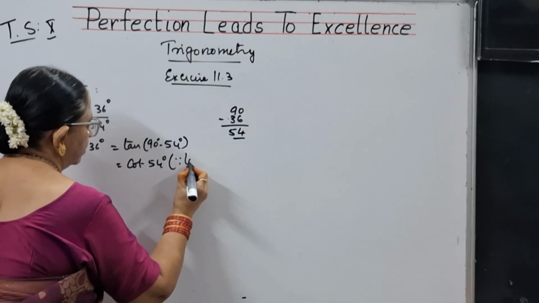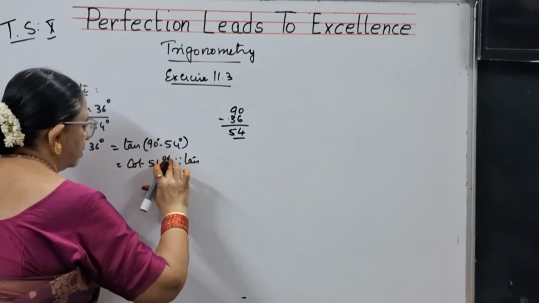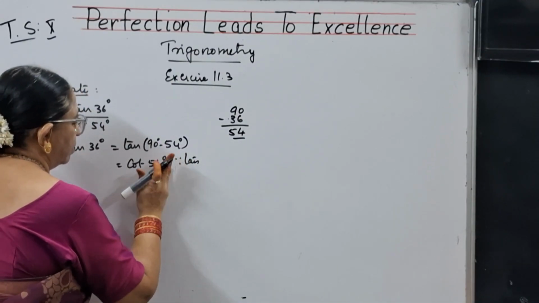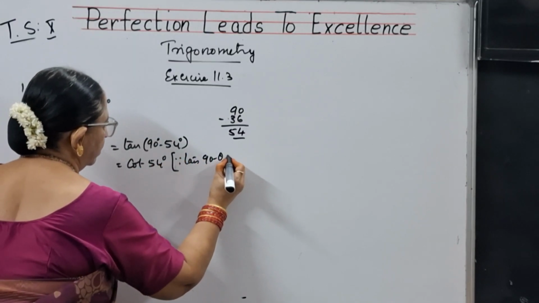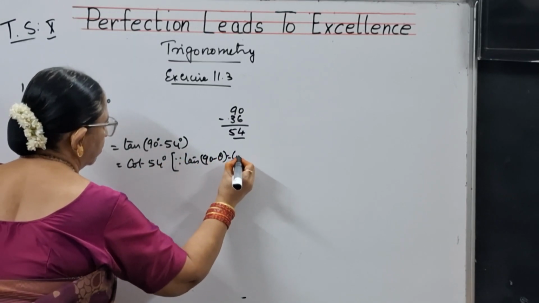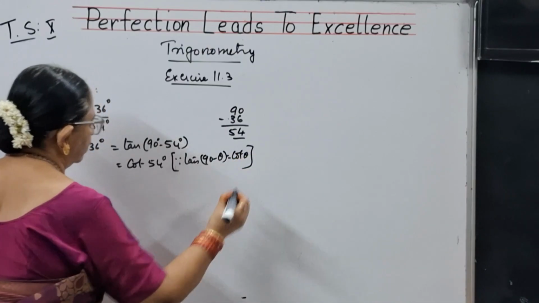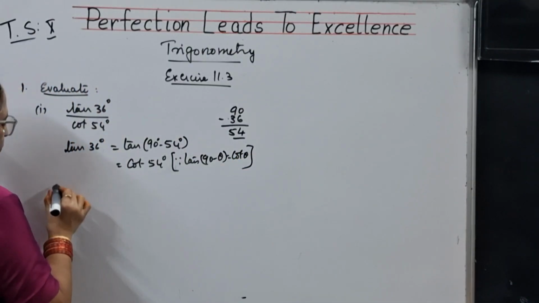The reason is tan 90 minus theta is equal to cot theta. This is the reason why we have written it cot 54.